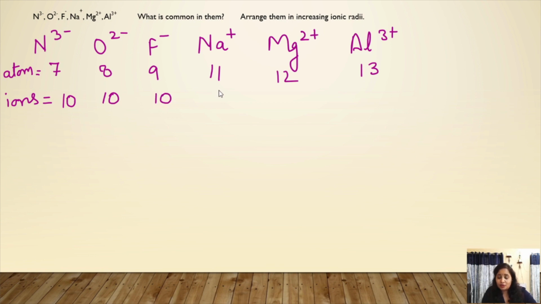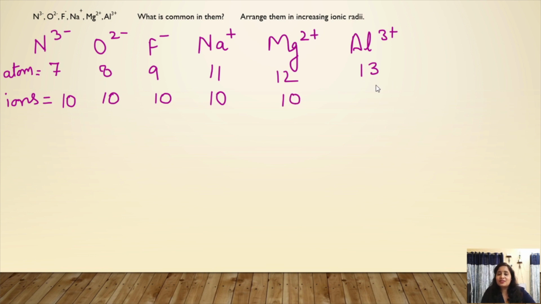In case of sodium plus 1, 1 electron is removed from the sodium atom. The sodium atom has 11 electrons, and if we remove 1 electron, it will become 10 electrons and it will become a sodium ion. Magnesium 2+ means 2 electrons less, so 12 minus 2, 10.